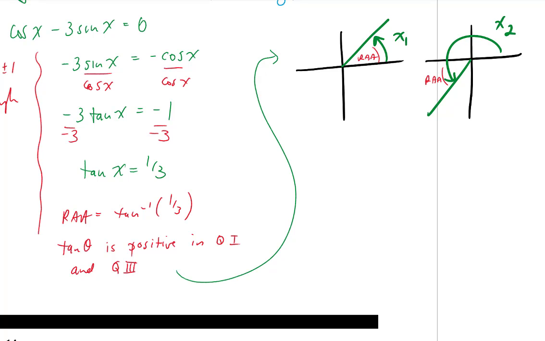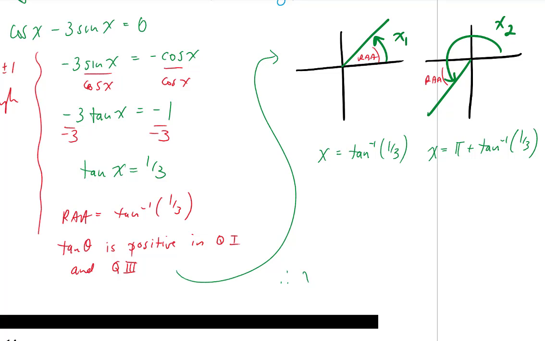And now we can solve for x. So therefore, x is equal to the tan inverse of 1/3, and our second x value is pi plus the tan inverse of 1/3.